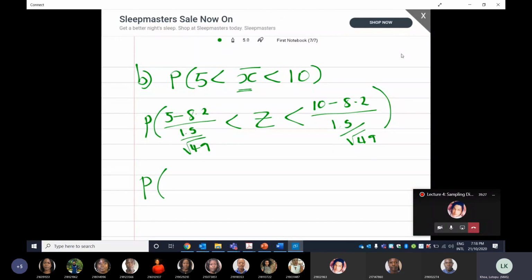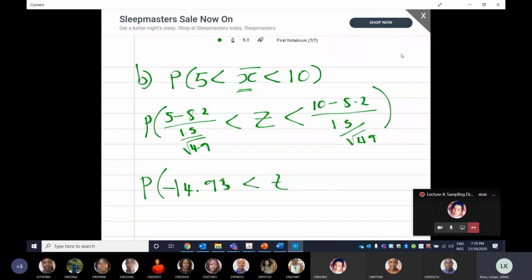I've got negative 14.93 rounded off. Okay, so usually we round it off to 2 decimal places because that is the number of decimal places on our normal table. And that is also what I got, negative 14.93.